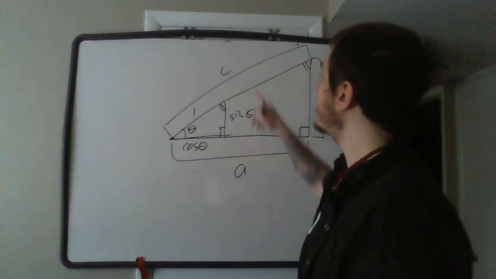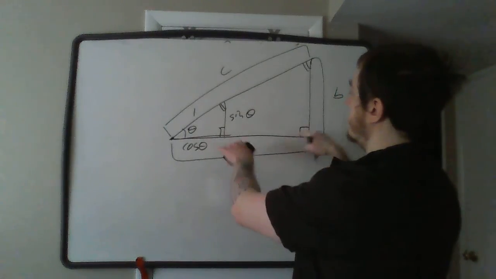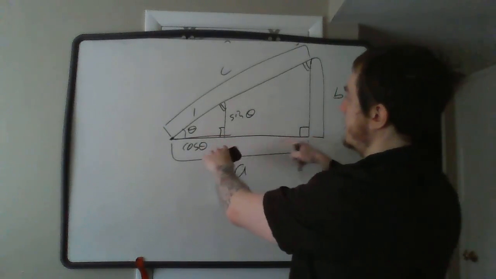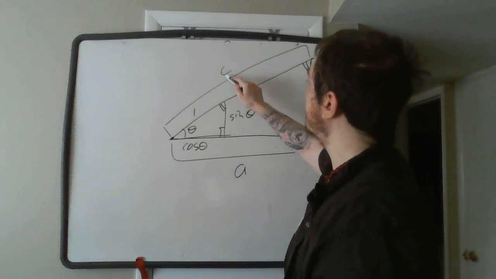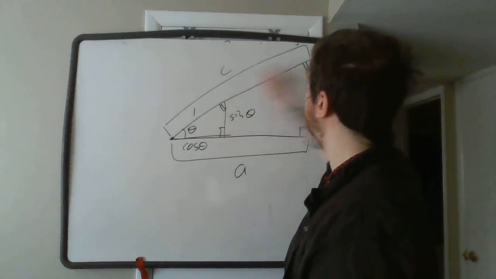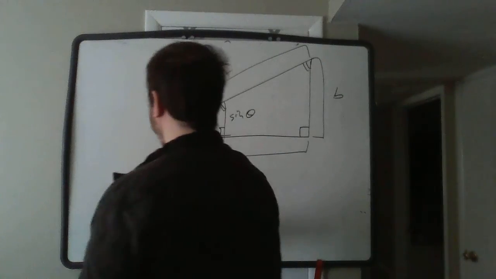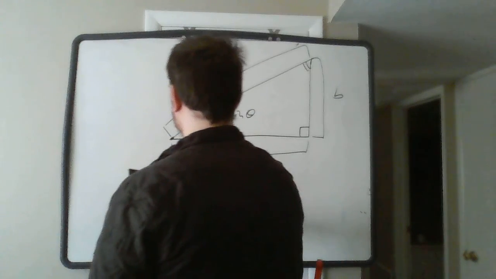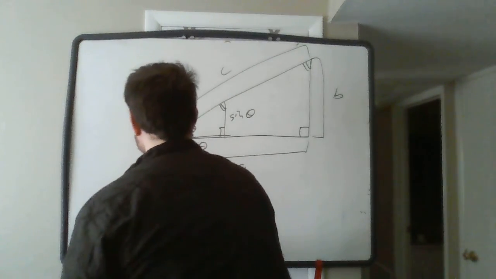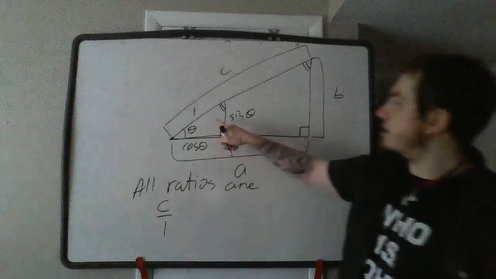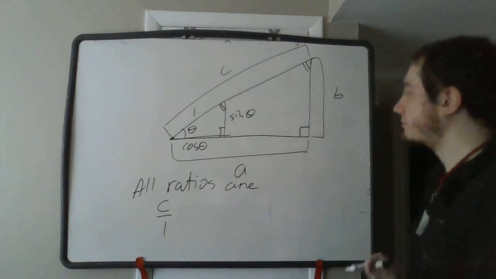Well, then what this tells me is that the ratio of the large triangle's lengths to the small triangle's lengths is always going to be the same as the ratio of the big hypotenuse to the small hypotenuse. So that means that all the ratios are going to be C over 1, because we made this triangle to have a hypotenuse of length 1.